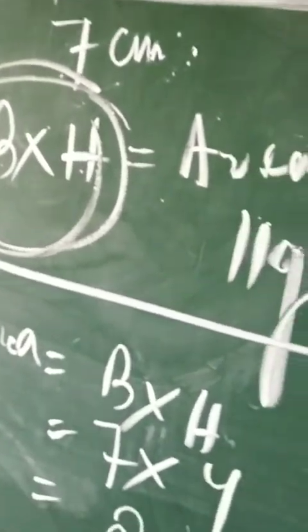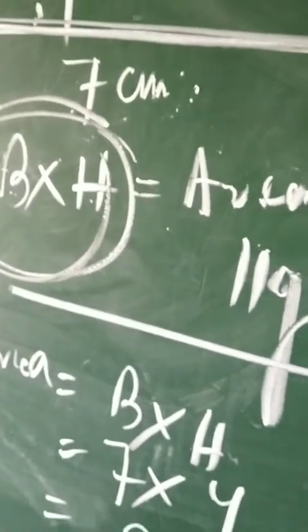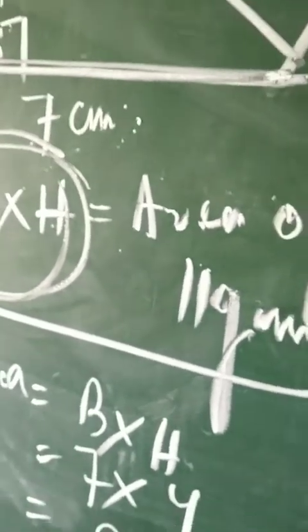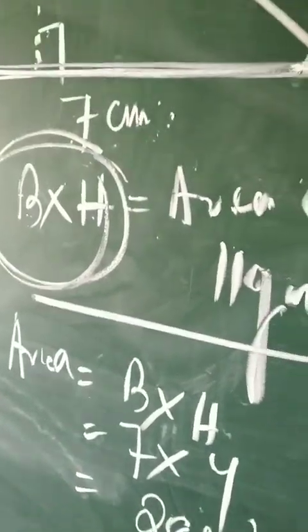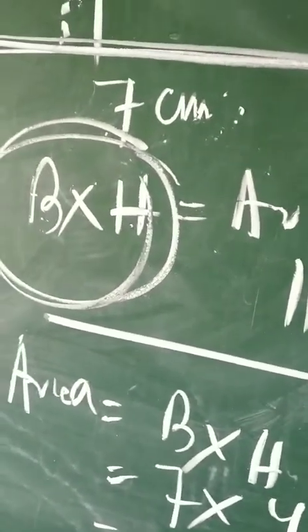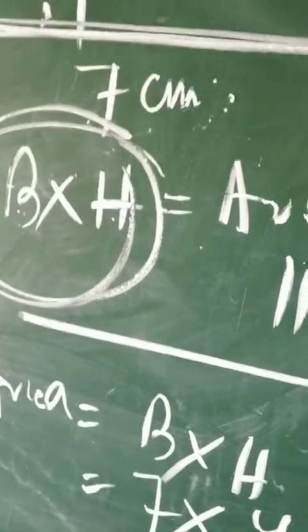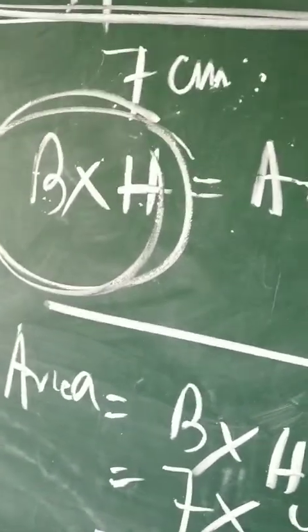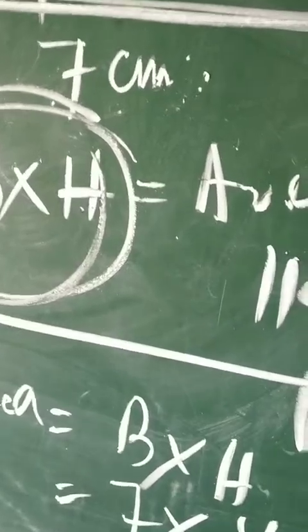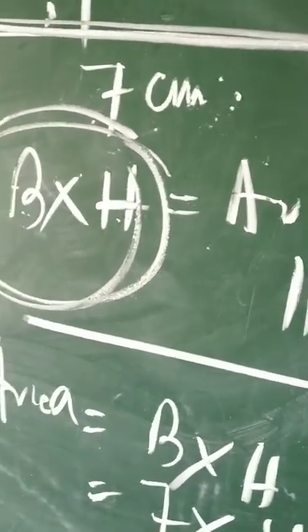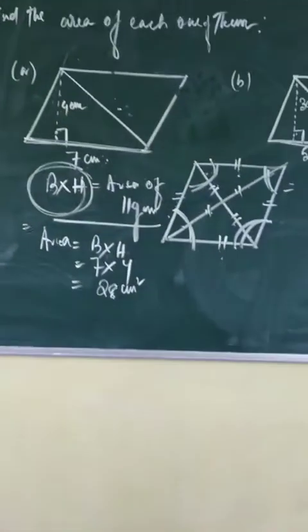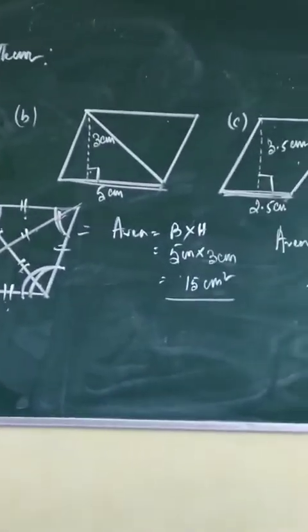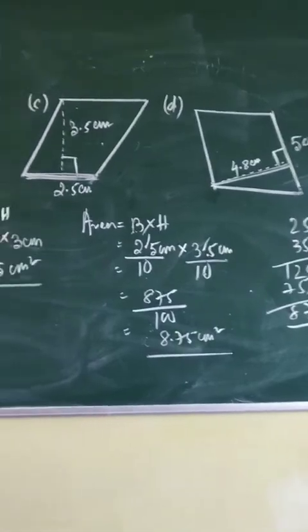As we are promoted to higher classes, more concepts of parallelogram will be there. One thing before I conclude: parallelogram has many categories like rhombus, square and rectangle, which come under the special parallelogram category. This is what I had to explain about parallelogram.